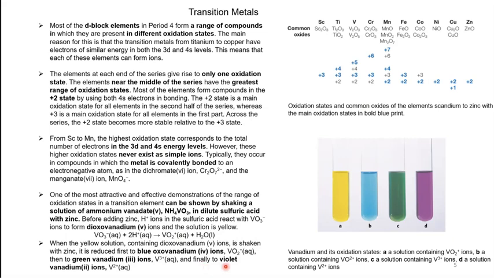And then the last and final one is vanadium(II). Zinc is a reducing agent here. So I have shown you an example of transition elements having different colors due to different oxidation states.